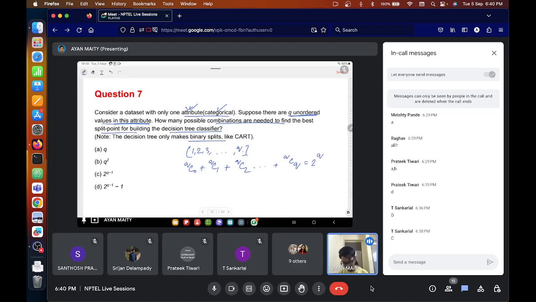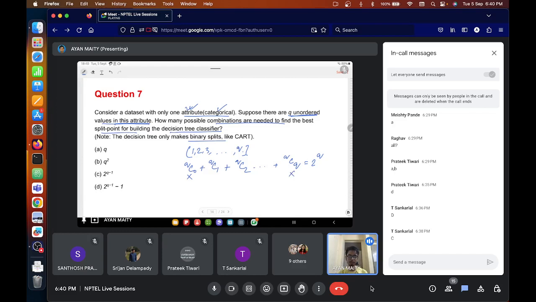So this sum is already known, it would be 2 to the power q, and out of that we have to remove this one, QC0, because this is not splitting at all. All the elements are in only one split and the other split is completely empty.